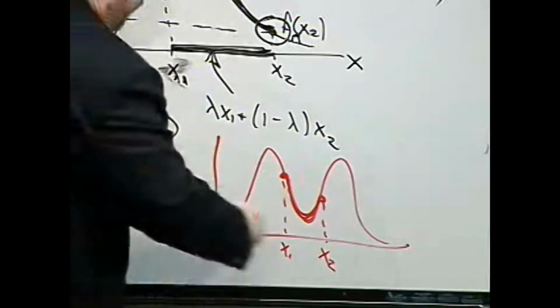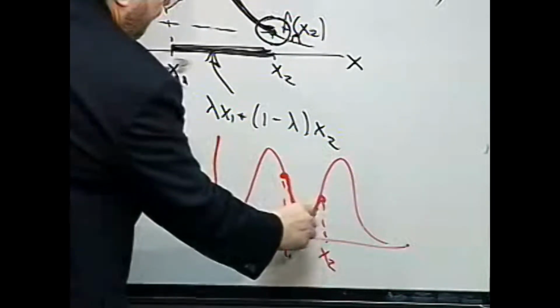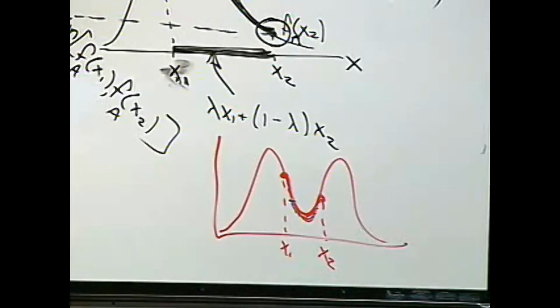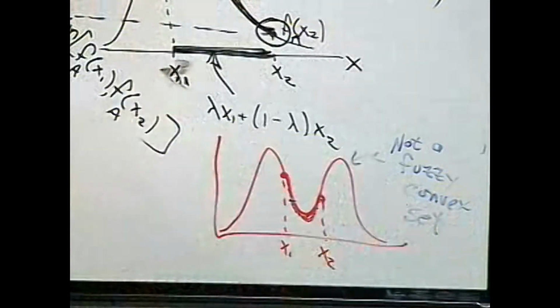In fact, all of the points here do not exceed the minimum, right? Therefore, this is not a fuzzy convex set. And in fact, it's true of all multimodal sorts of functions. So this is not a fuzzy convex set, and this is a fuzzy convex set.